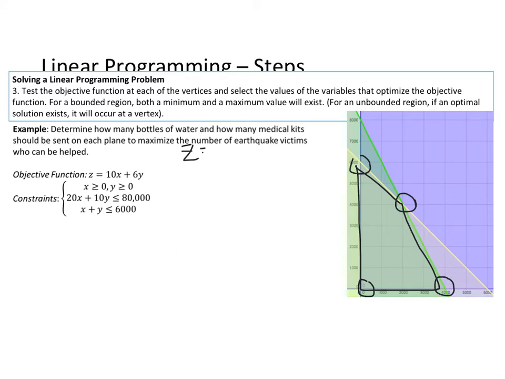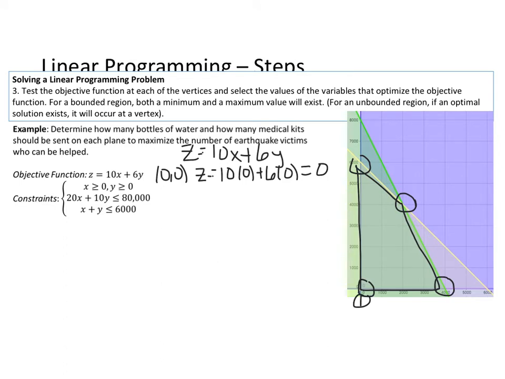So we know our objective function z equals 10x plus 6y. Okay. Our first ordered pair, well, we can start here with 0, 0. And I just replace the x's and y's with the 0. And we do get 0.